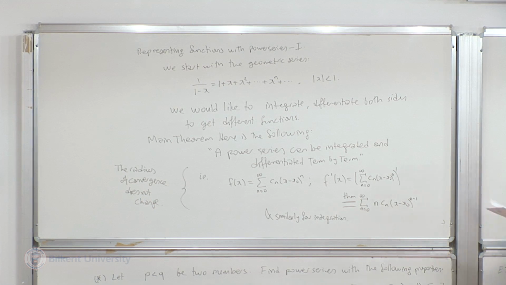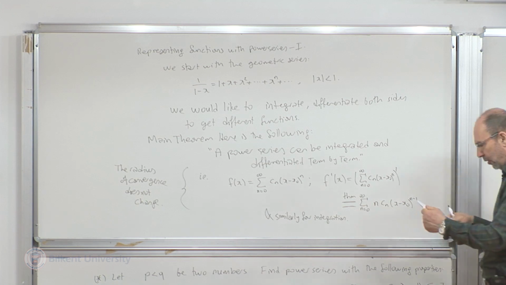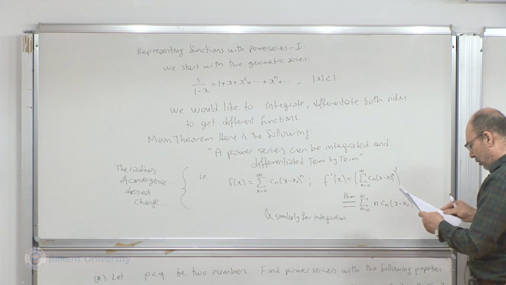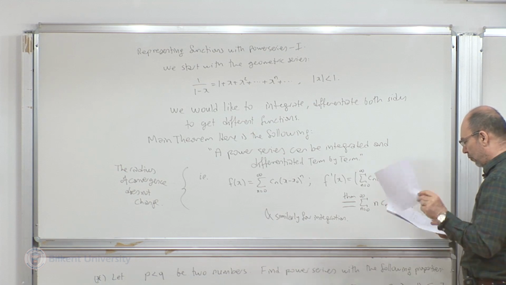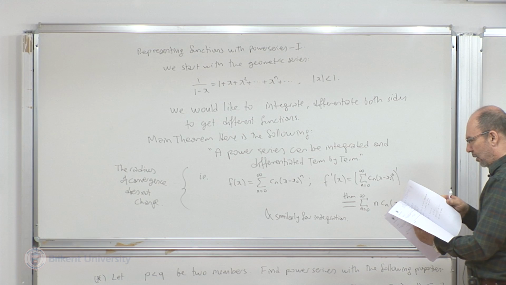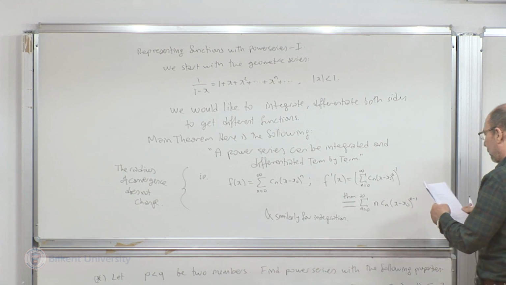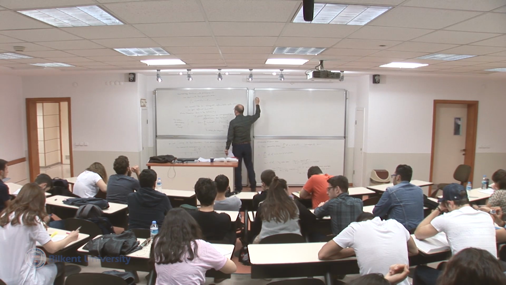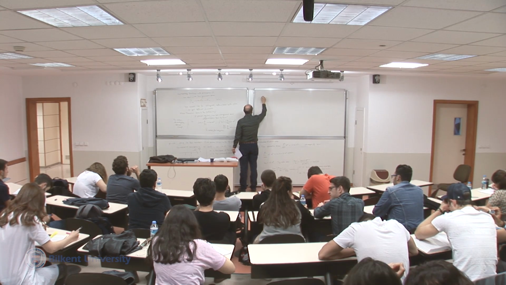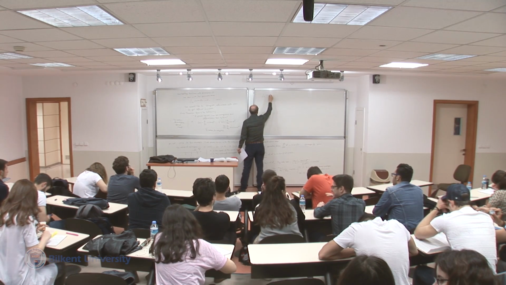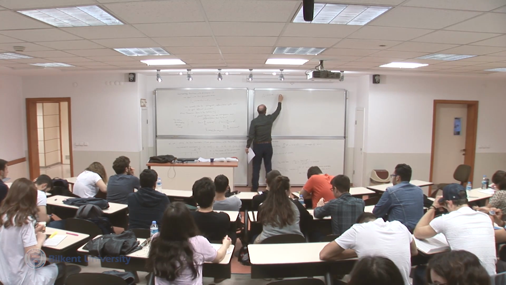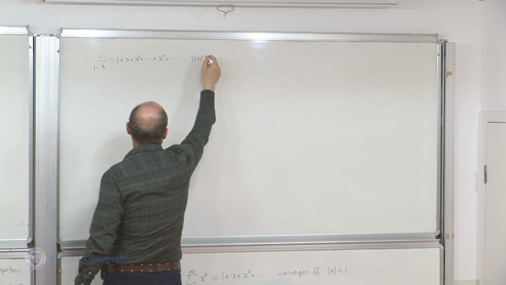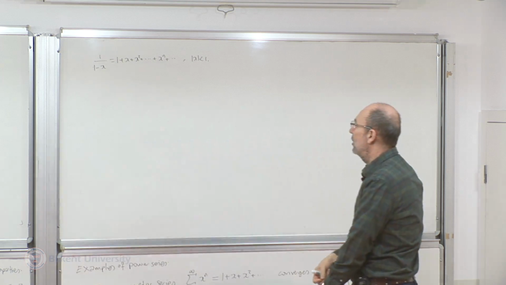Okay, so let's see what we can do with these things. We start with the power series: 1 over 1 minus x is equal to 1 plus x plus x squared plus and so on, plus x to the n, holding for absolute value of x less than 1.